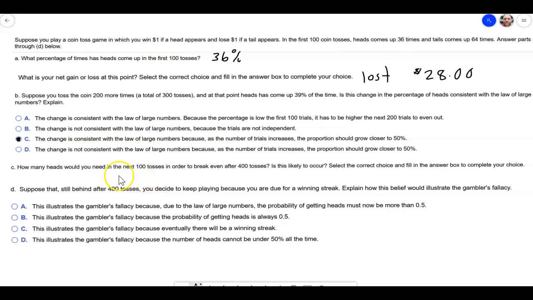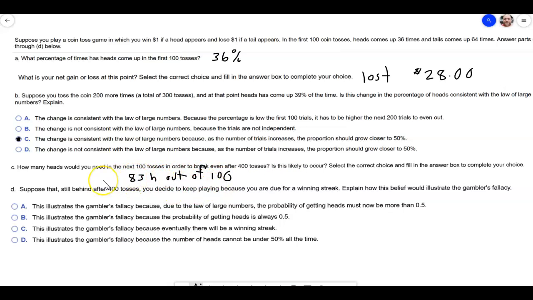So how many heads would you need to flip? 83 heads out of 100. Man, I can't write today.